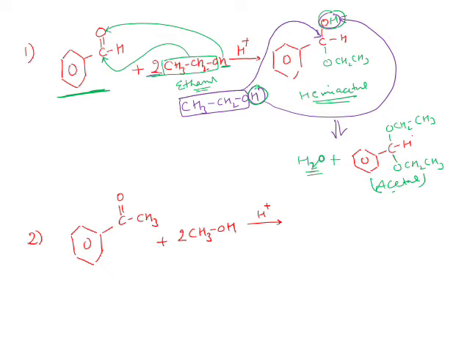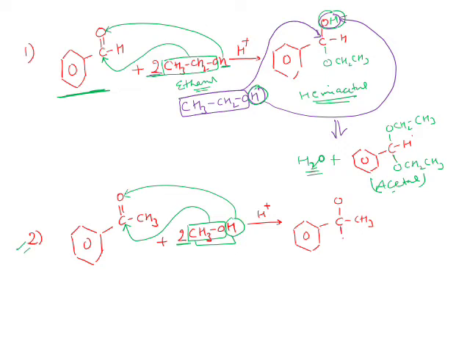So let's do the second one. Again, you have two molecules of ethanol, means you have two molecules CH3OH, CH3OH. If you use the first CH3OH, this CH3O is going to bind with this carbon and the hydrogen is going to go on this oxygen, and you're going to make OCH3, and then you're going to make OH, right?